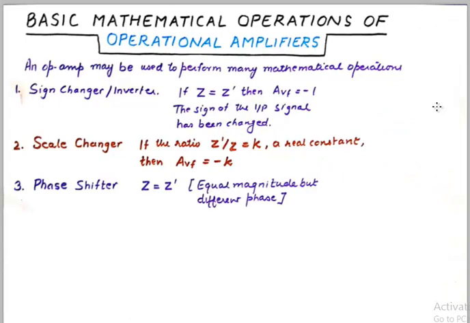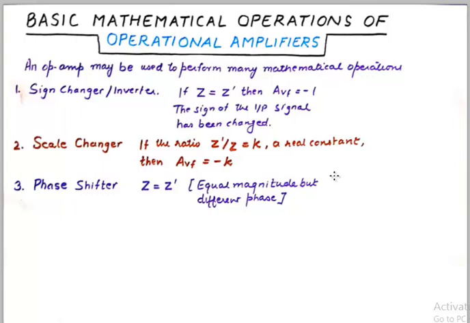And then we have the phase shifter operation. Phase shifting operation also happens when we keep the magnitude of Z equal to Z dash, but their phase needs to differ. And how can that happen? By keeping Z and Z dash to be complex numbers.